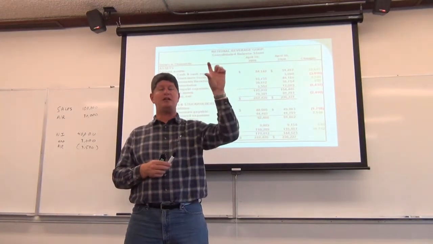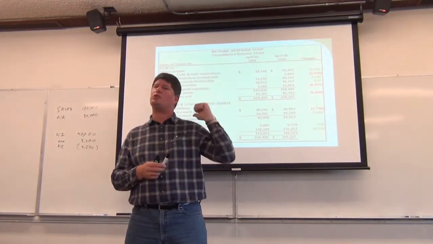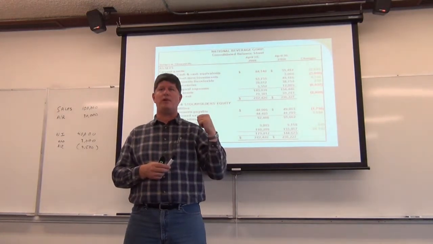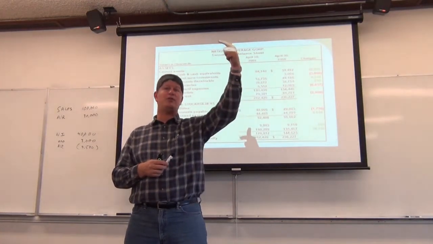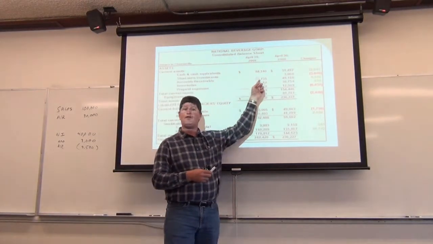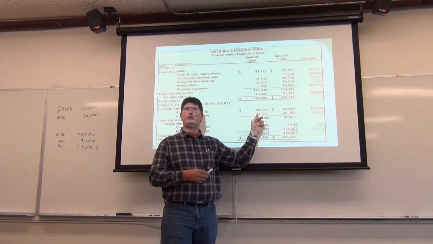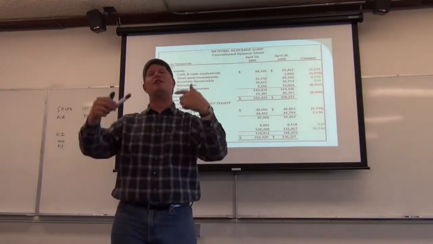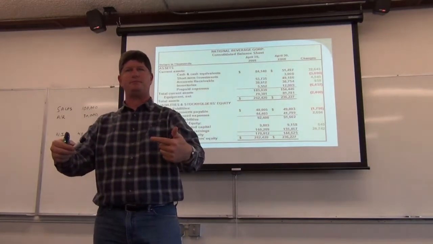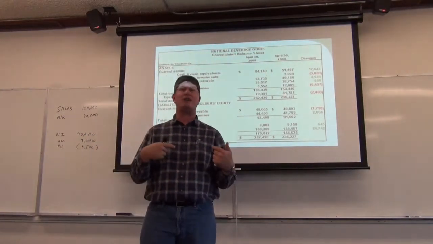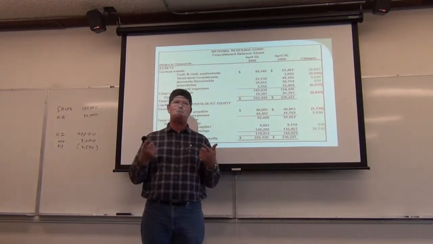So net income is already set in stone when I start the statement of cash flows. Net income is what it is under the accrual method, and then I go through the balance sheet and look for the changes, the modifiers to net income, to convert it to the cash method. Good? We're trying to convert back to the cash method of accounting.